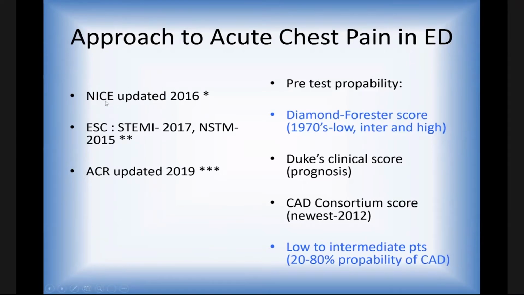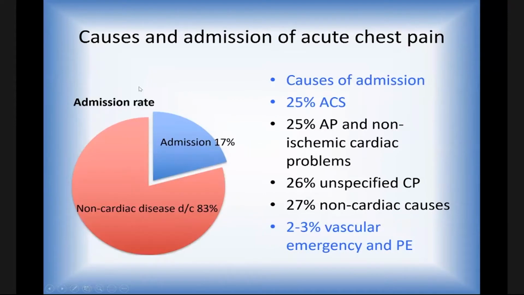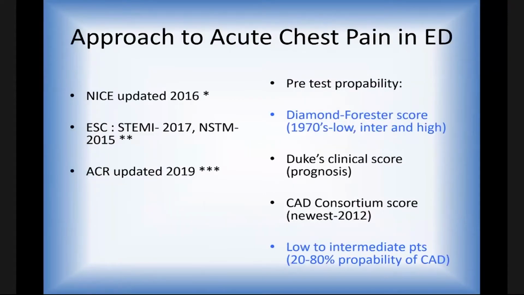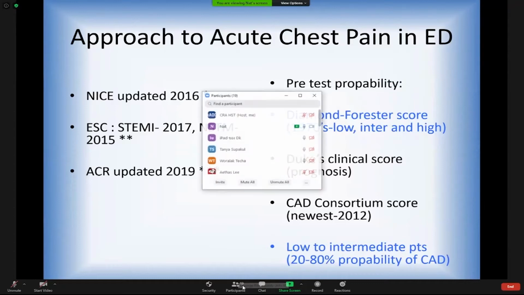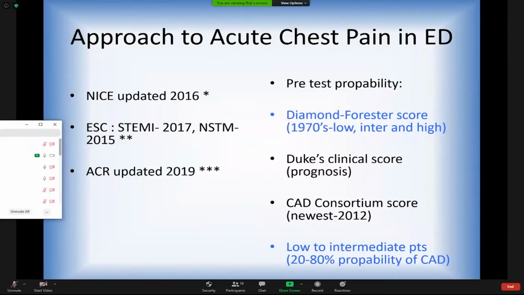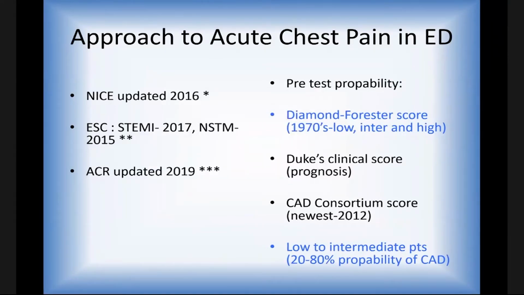NICE guideline, the National Institute for Health and Care Excellence, was updated in 2016 about acute chest pain. This is from England. That guideline has not recommended imaging studies for acute chest pain at all, because they will do cross-sectional imaging only to rule out aortic dissection and PE.